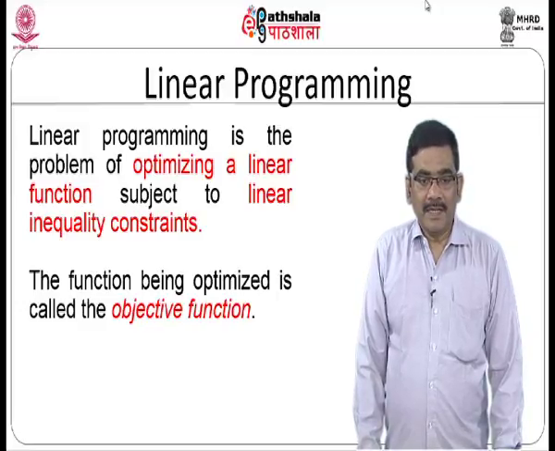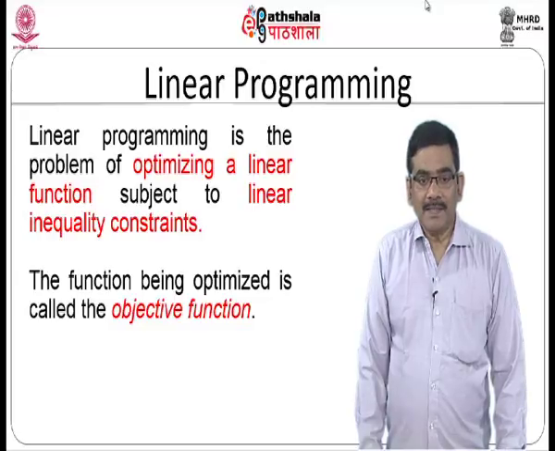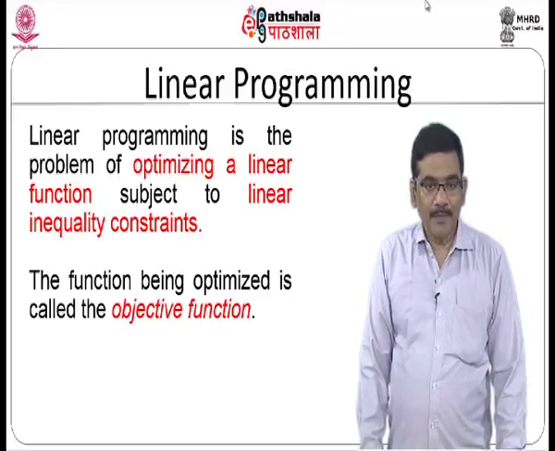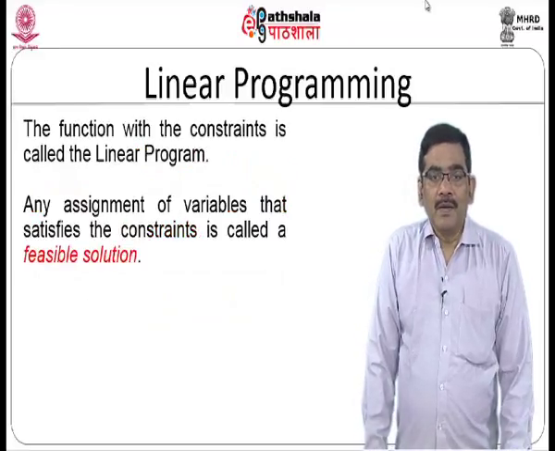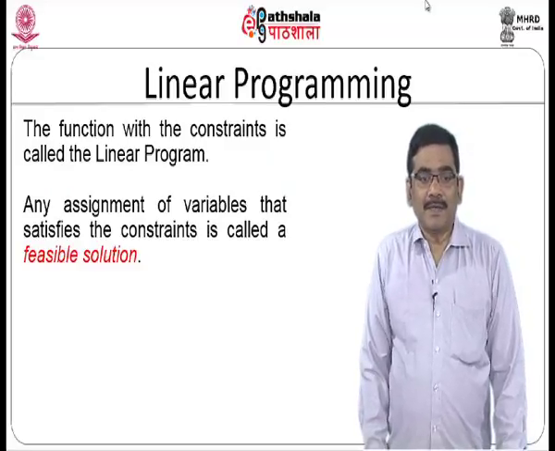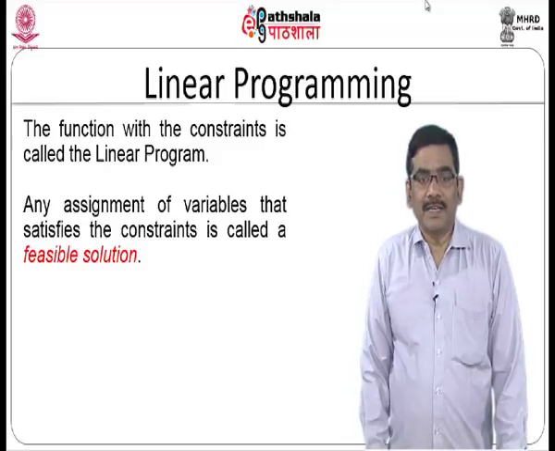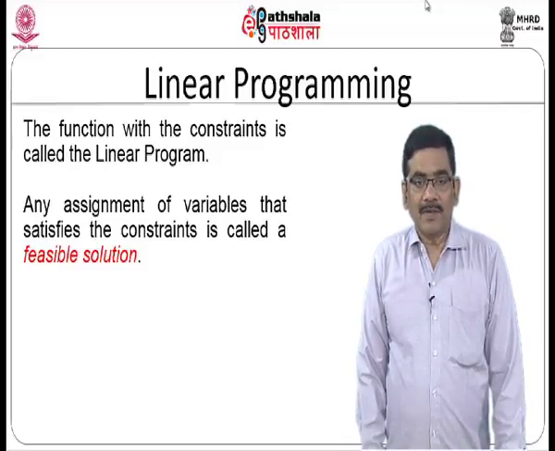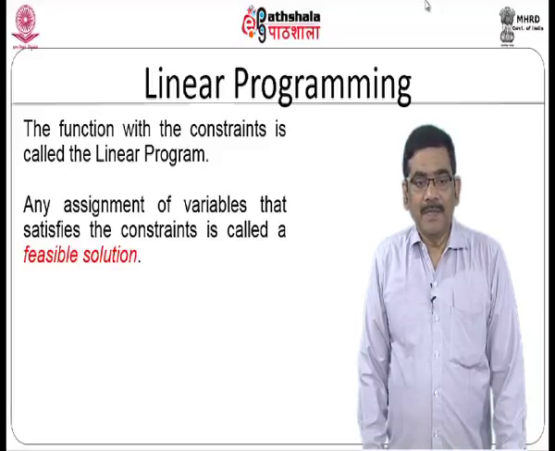The function being maximized or minimized, in other words optimized, is called the objective function. All the constraints are stated as linear formulas. So, the function with the constraints in linear form is called linear programming.